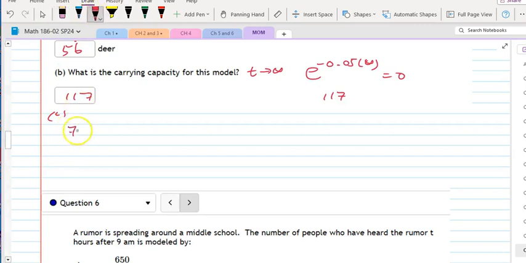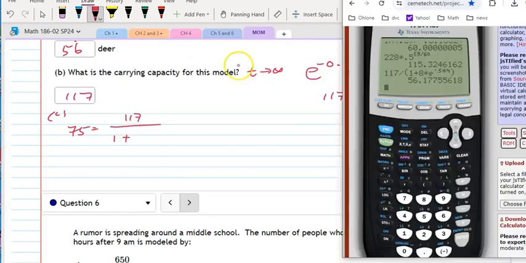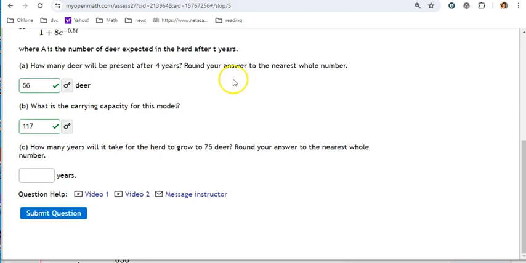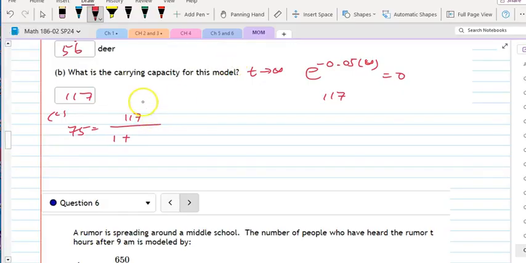So 75 is equal to 117 over 1 plus 8 e to the negative 0.5 t. So we have to solve for t. To do that, we multiply both sides by this. So it'll be 75 times (1 plus 8 e to the negative 0.5 t) equal to 117.